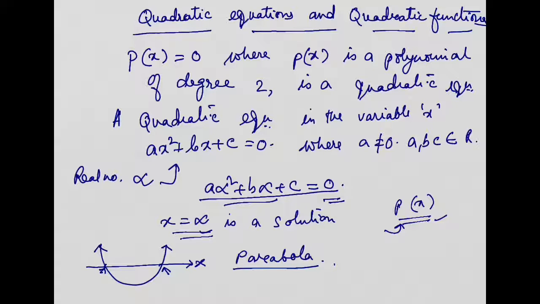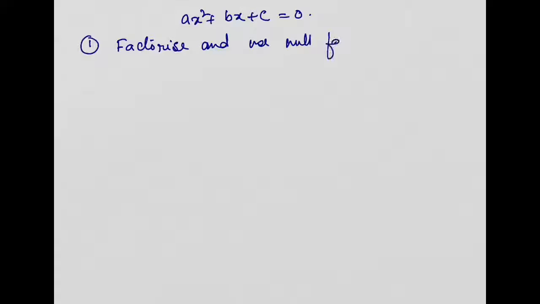Now, to find the solution, the equation ax squared plus bx plus c equals 0 can be solved either by factorizing and using the null factor law, which means that if you factorize something like x times y equals 0, then we can say either x equals 0 or y equals 0.